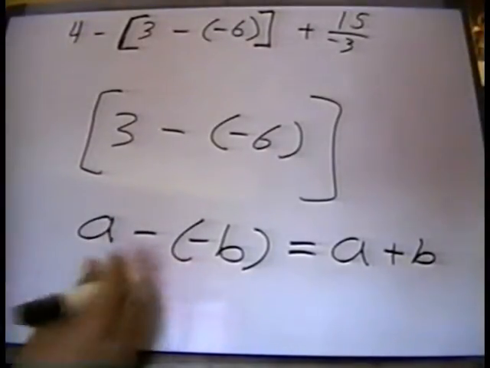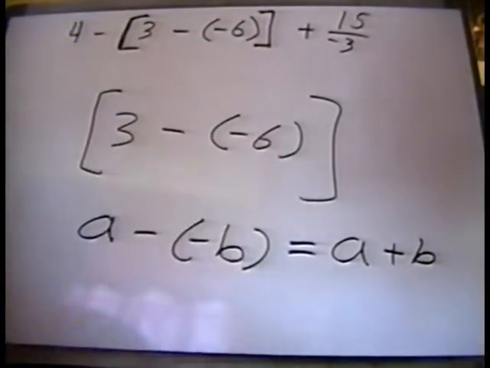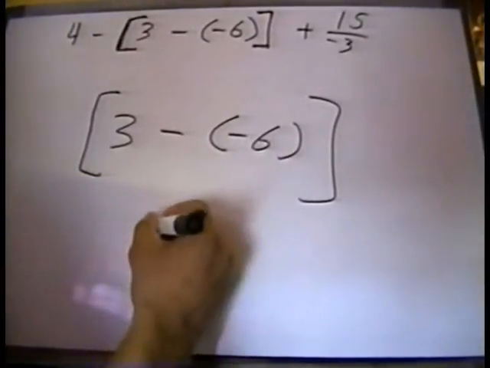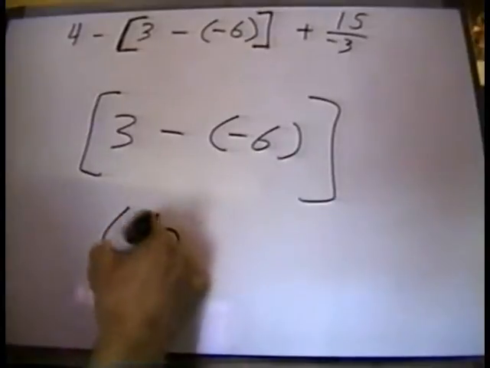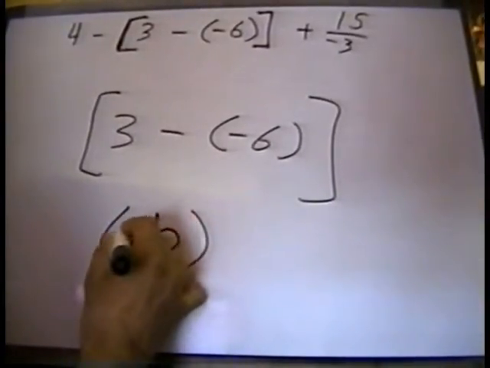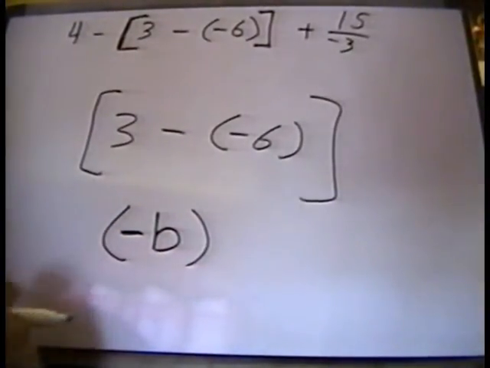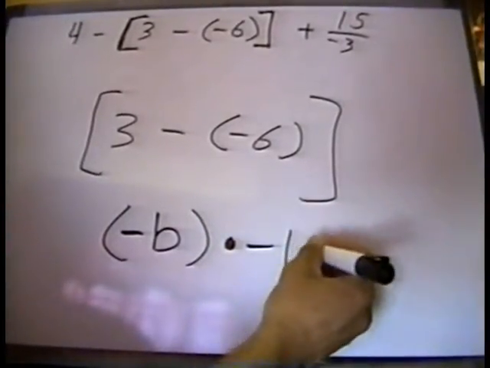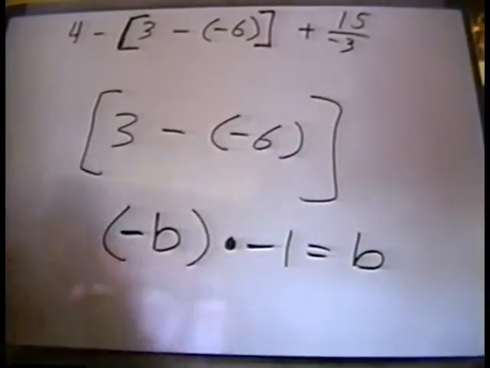Or what that means is that if I take this negative number and I multiply it by a negative 1, that's going to give me the opposite. It's going to give me B.